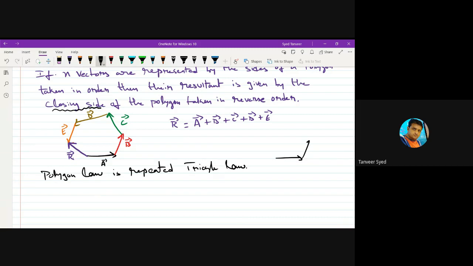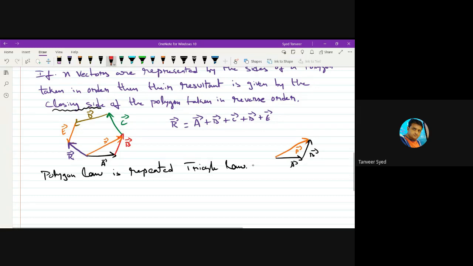This is vector A and this is vector B. The resultant of these two, according to triangle law, will be this. Let us say it is some P. So vector A and vector B, if you add them, you will get this. Then you forget A and B, look at only this P. Now look at vectors P and C.